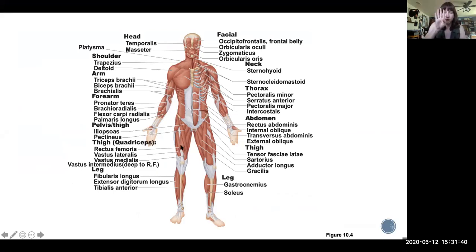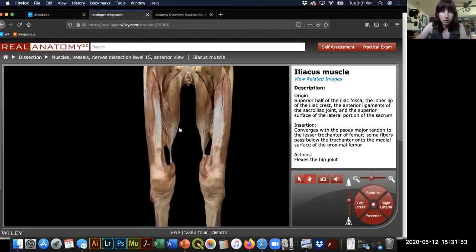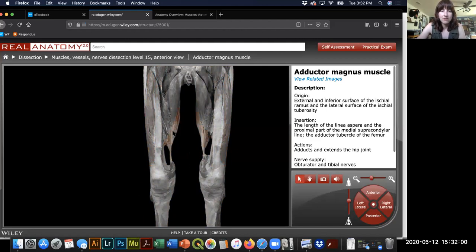So quad is in 4, right? Vastus medialis, vastus lateralis, rectus femoris, and then just underneath the rectus femoris, you have a vastus intermedius. Okay, so we're actually looking at the vastus intermedius here, vastus lateralis, vastus medialis.